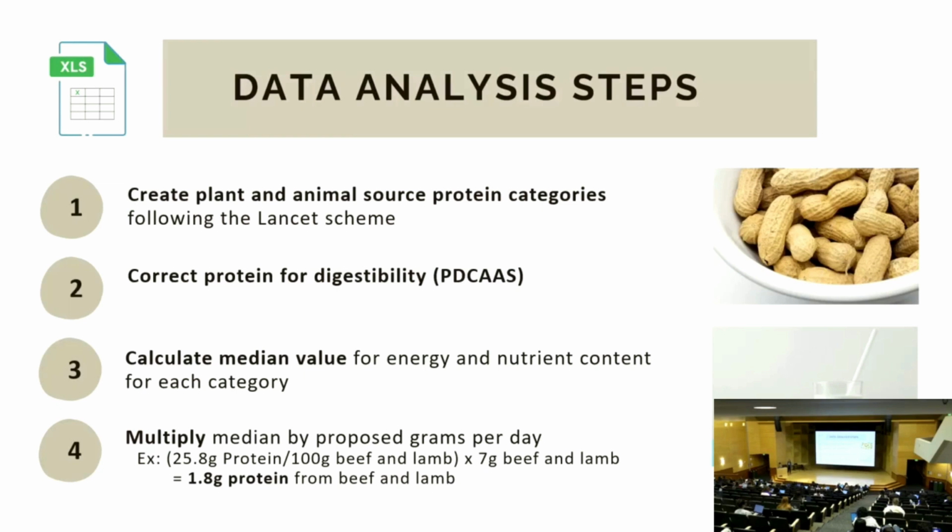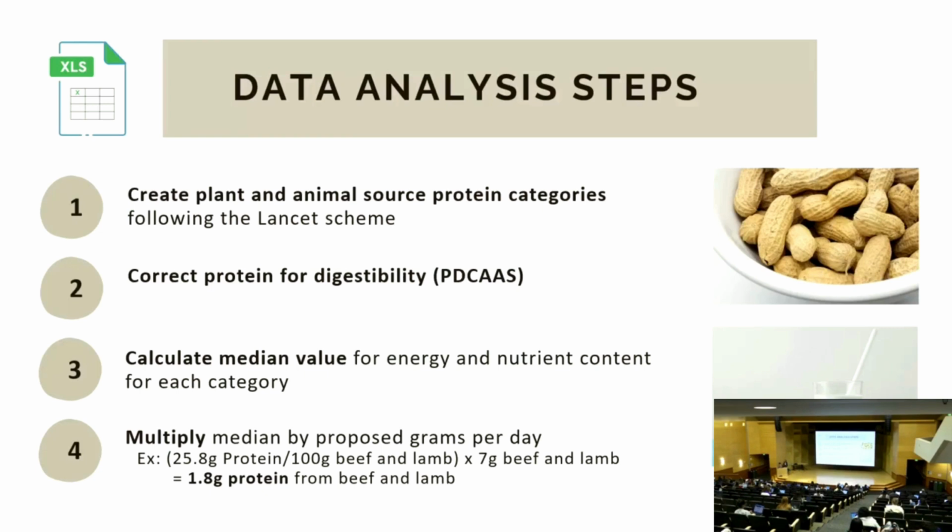Everything is per 100 grams, but the Planetary Health Diet only says we can consume 7 grams of beef and lamb. So I multiplied that by 0.07 to get 1.8 grams of protein. So in this example, we only have 1.8 grams of protein coming from our beef and lamb source. I added up all those different protein sources from each of the different categories to get the total, just to give you a sense of how I came about these calculations.